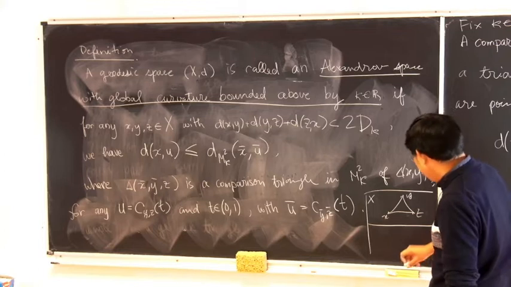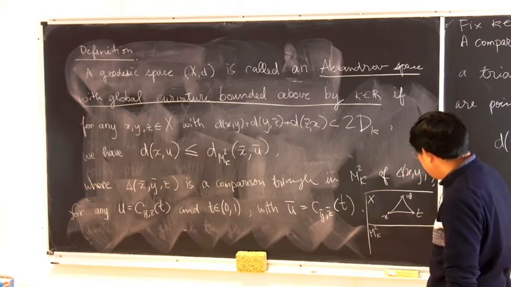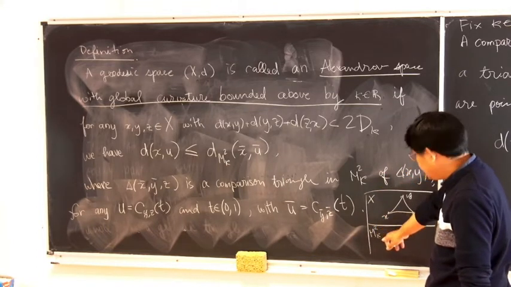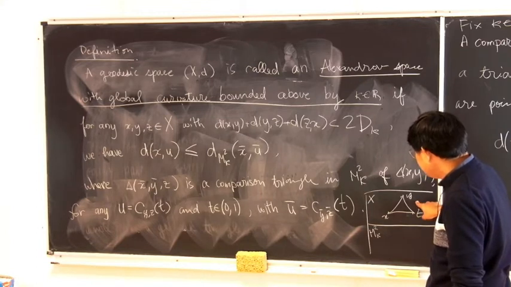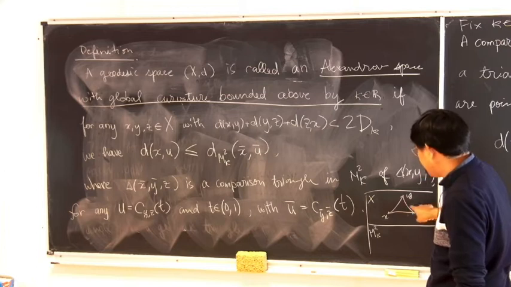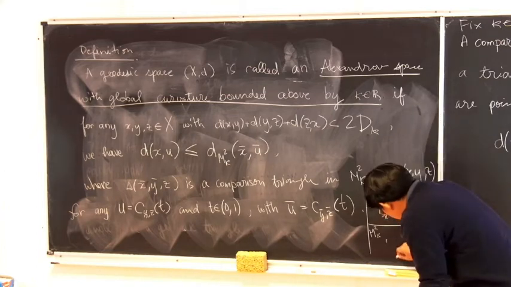Okay, and then from this geodesic triangle, we construct in the model space of curvature equal to kappa the comparison triangle of this triangle with vertices x, y, and z. So it may look like this.